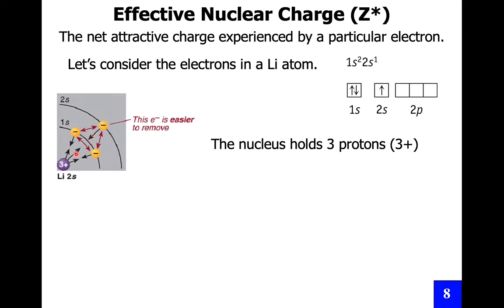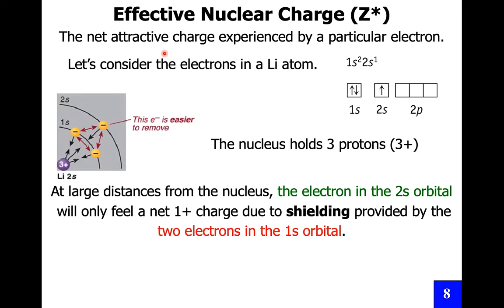These electrons between the nucleus and the outermost electron do what we call screening for the nucleus. All the electrons are constantly moving, but very often these 2 electrons are between, and they are pushing the 2s electron a little bit further out from the nucleus.